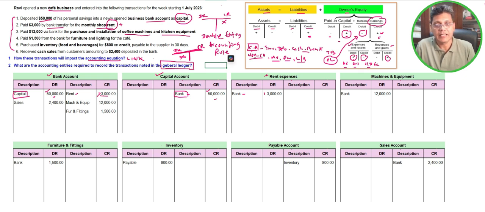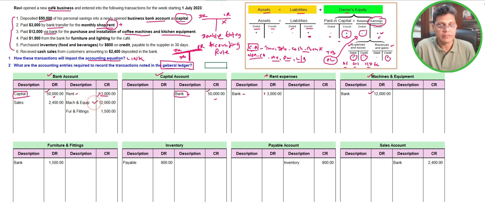Any increase in assets should be debited, and since this was paid via bank account, the bank balance reduces by 12,000. So therefore we have two accounts: machine and equipment should be debited because an increase in assets should be debited, so 12,000. Any decrease in assets should be credited.